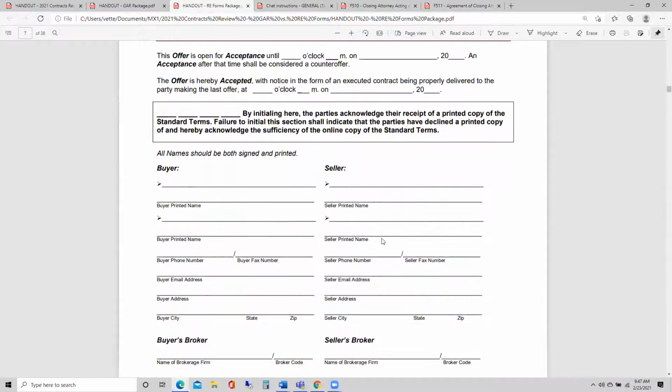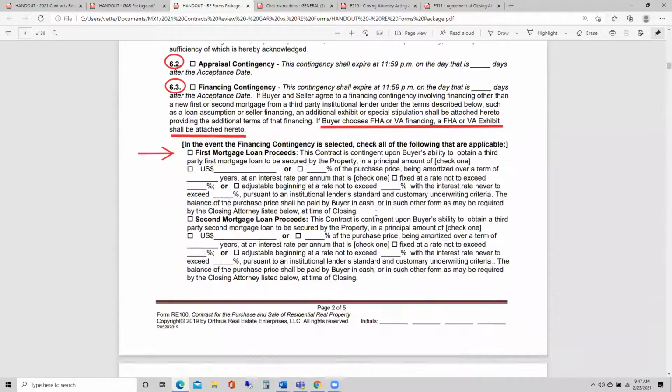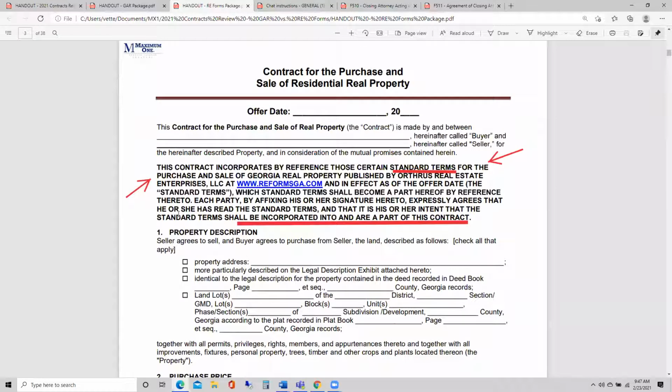Well, in the RE package, there is another document called the standard terms for the purchase and sale. The standard terms are, well, let me go back up to the contract itself. So this is the contract that you fill in the blanks and your buyers and your sellers sign.